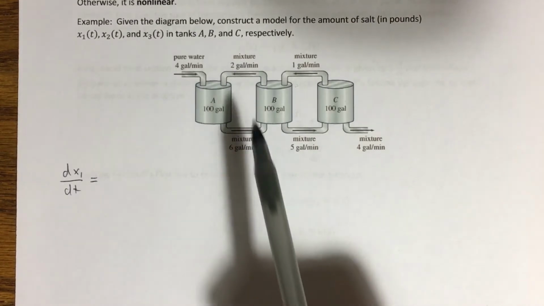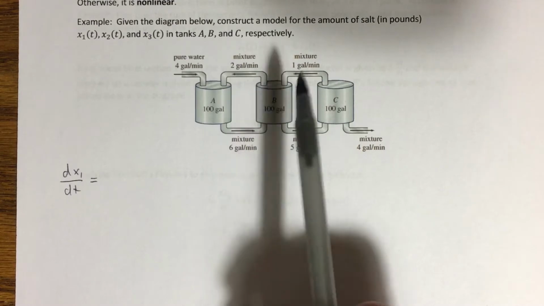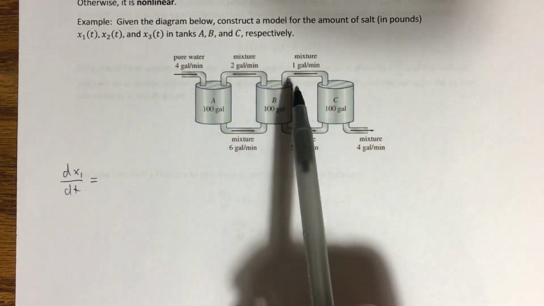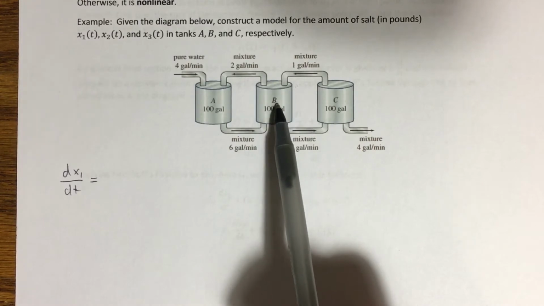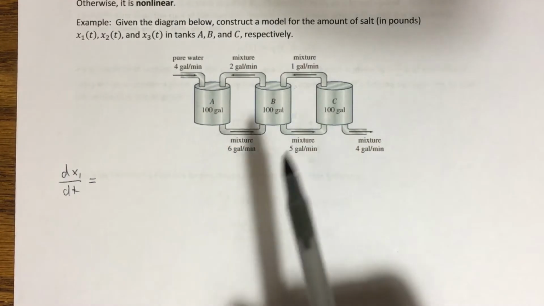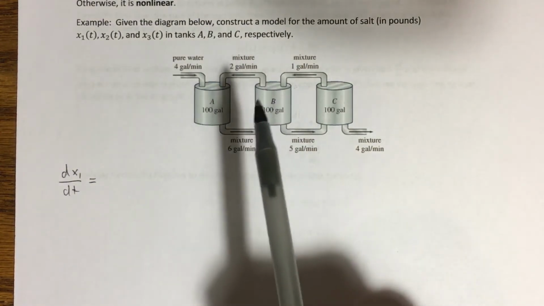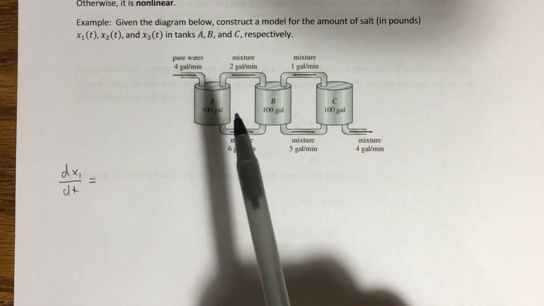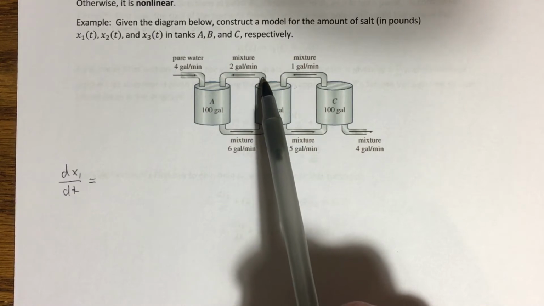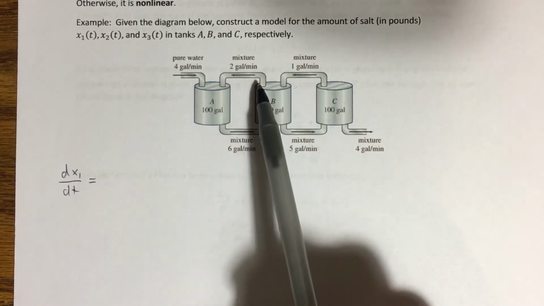Over here, I have a flow rate of 2 gallons per minute. But where is this solution coming from? Well, it's coming from tank B. If you remember, when we do these mixture problems, the rate of flow of salt is equal to the concentration of salt in the solution that we're getting that solution from, times the rate of flow of that fluid.